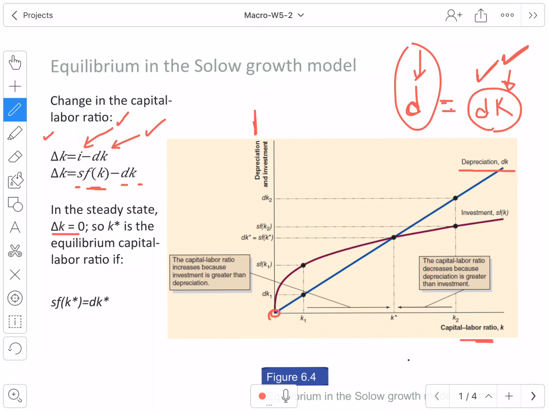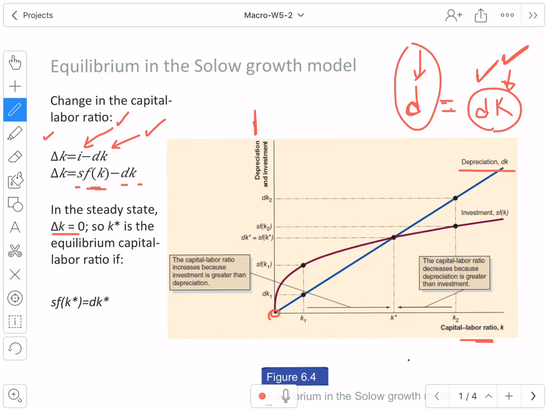Don't get confused between depreciation and the small letter d, because the small letter d is just the ratio, but depreciation is an amount in dollars. So the blue line is the dk, d multiplied times k, and then the dark red curve is called the investment.